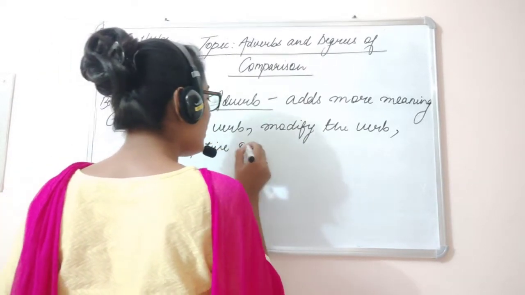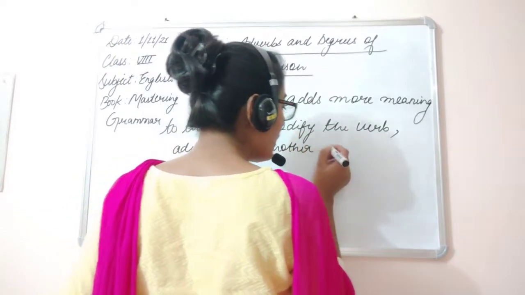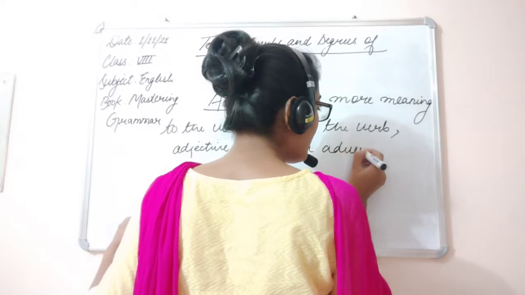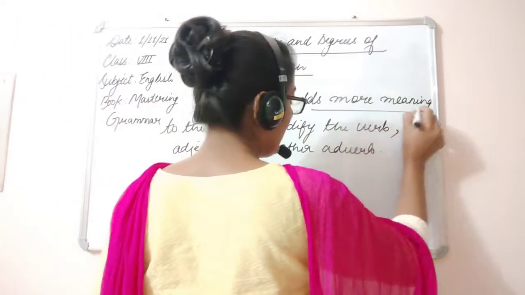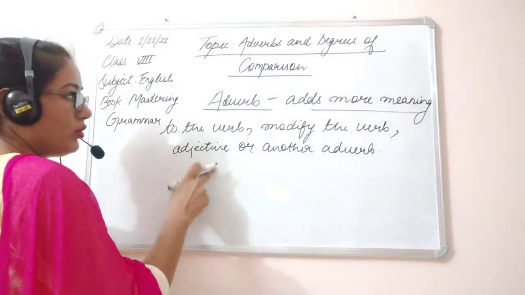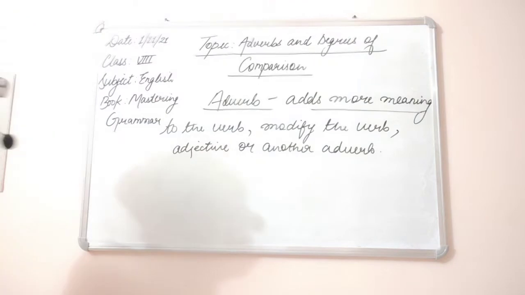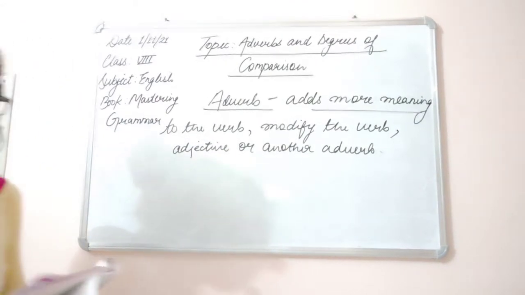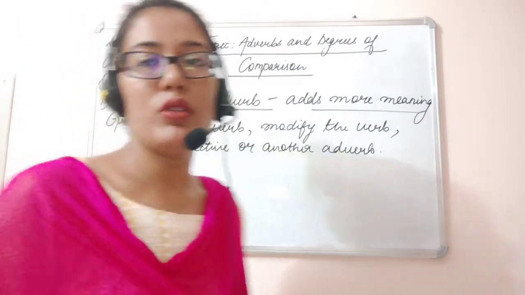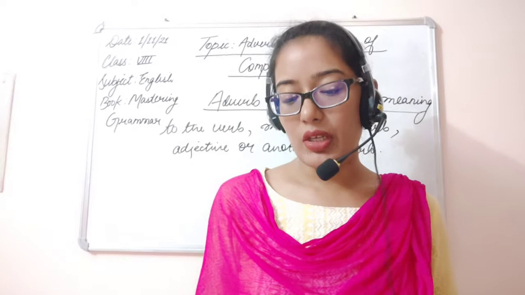So adverb क्या है? An adverb is something that adds more meaning to the verb. It can modify the verb, adjective, or another adverb. Okay, so these are the things that you need to keep in mind about what an adverb is.